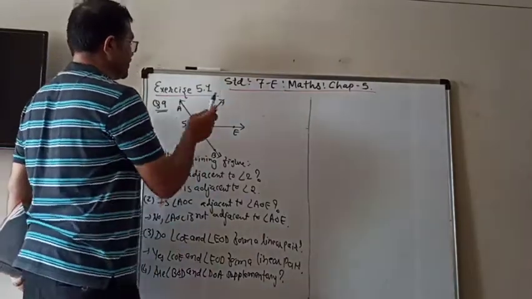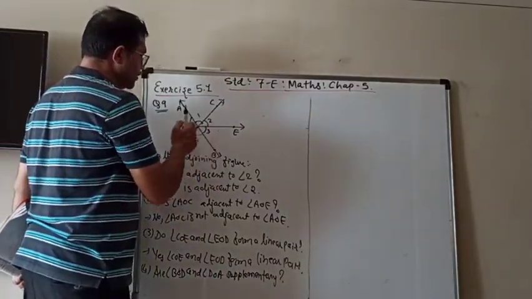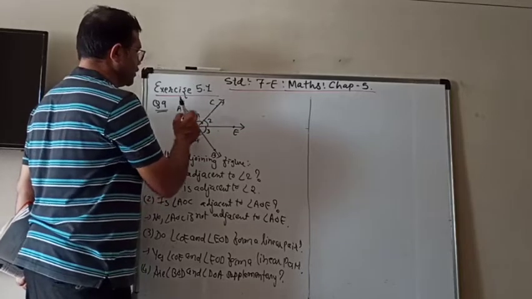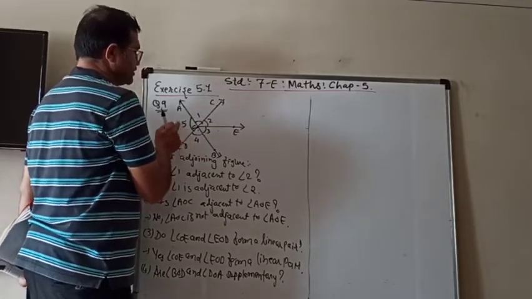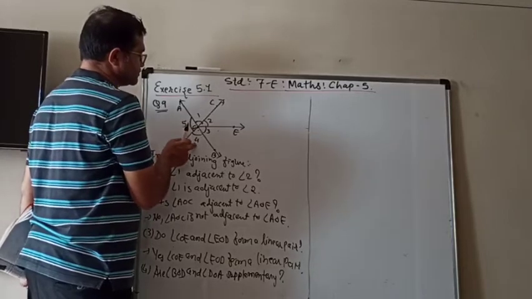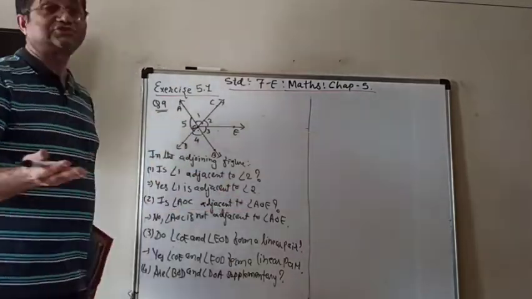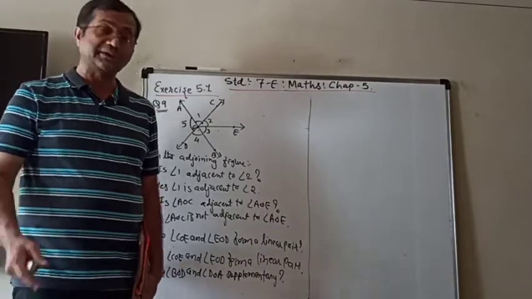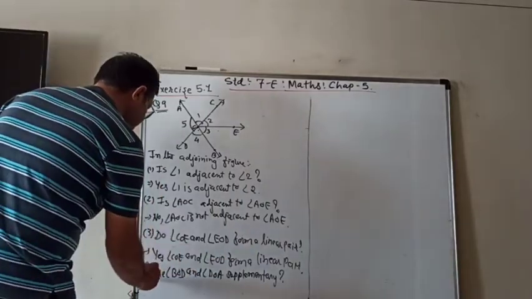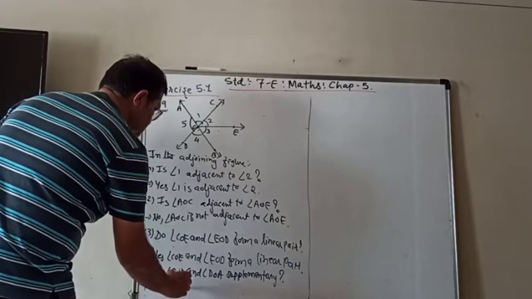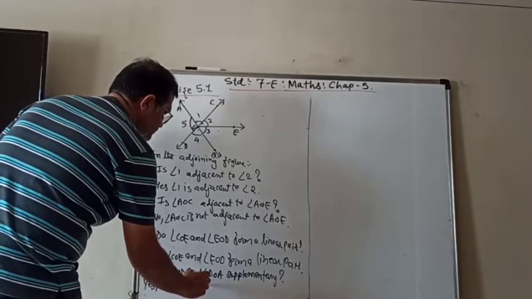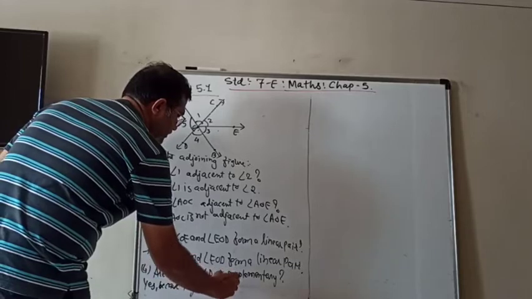BOD and DOA means angle 4 and angle 5. Now we know that they are making a linear pair here, and we know that the angles of a linear pair are supplementary. So you can say yes, because they form a linear pair.